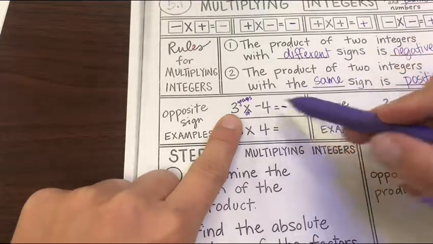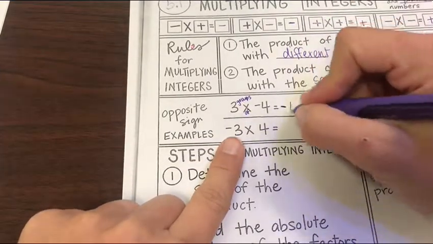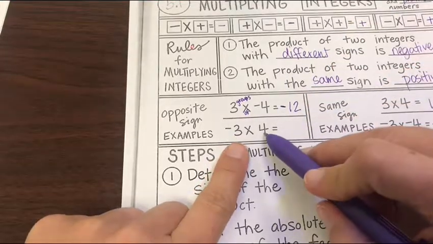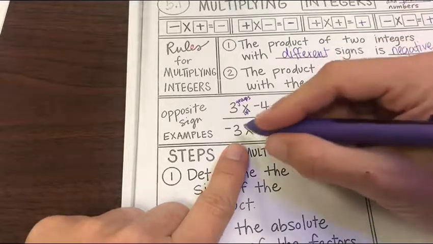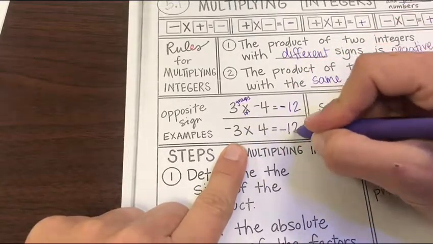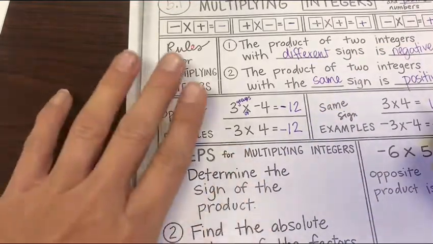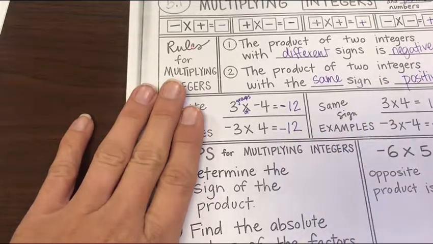They're not going to get along very well, so they have a negative answer. So 3 times 4 is 12. And again, signs are different. This is like saying 4 groups of negative 3. When the signs are different, your answer is negative, and then 3 times 4 is 12. So you're not changing the way you're multiplying. 3 times 4 is still 12. You're just assigning it a sign.